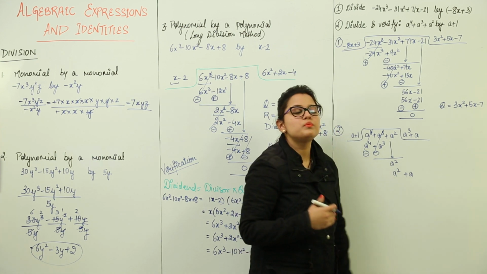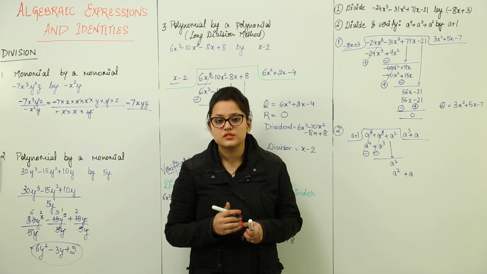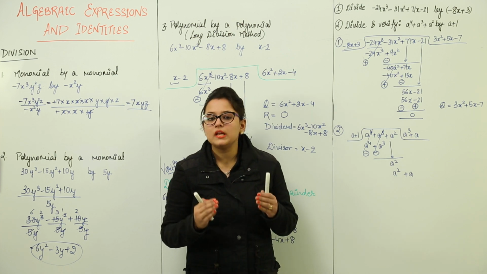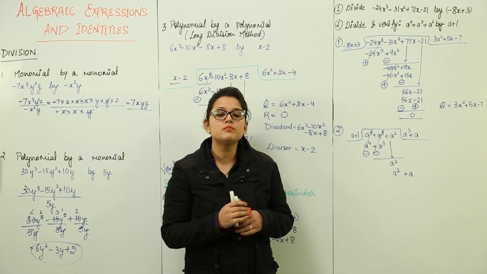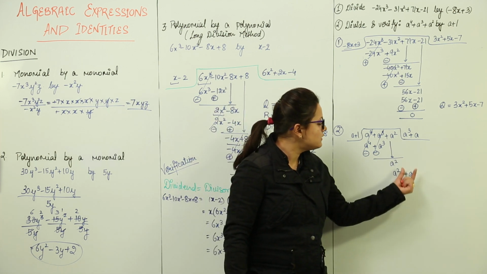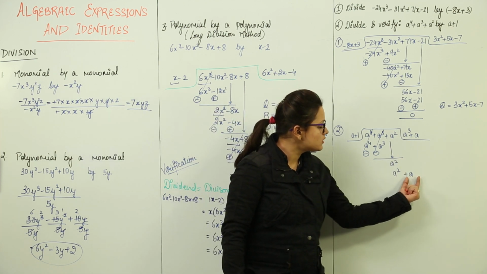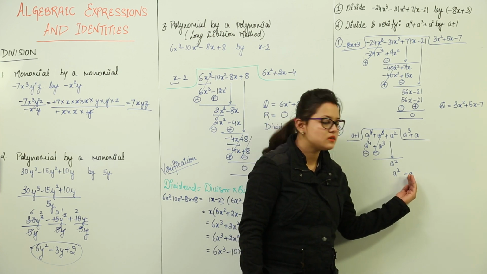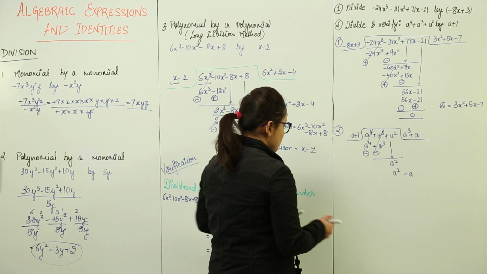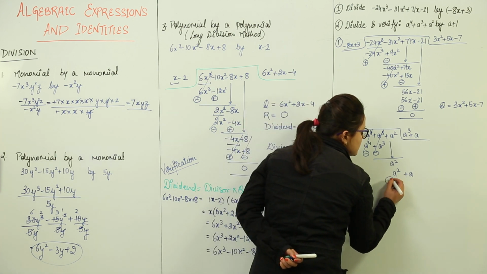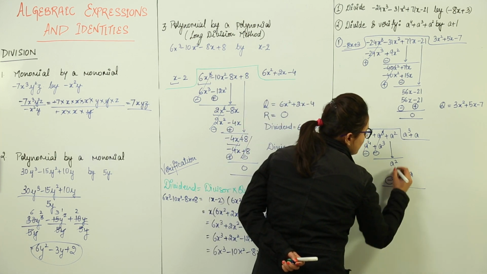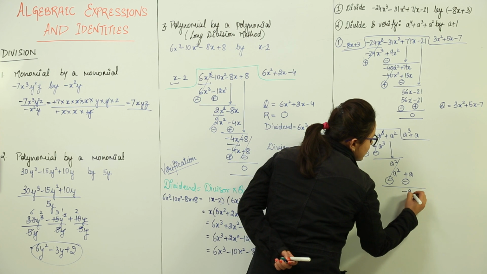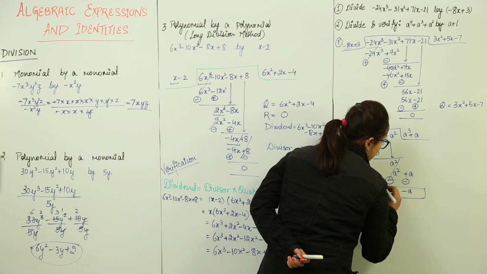As I have told you previously in your addition and subtraction parts, if you don't have the like term to be written below the like term, you write that new term after leaving some gap. So I have left some gap over here and placed it at a little distance. Now solving it further, I will be changing the signs. We get minus a in the remainder, right?